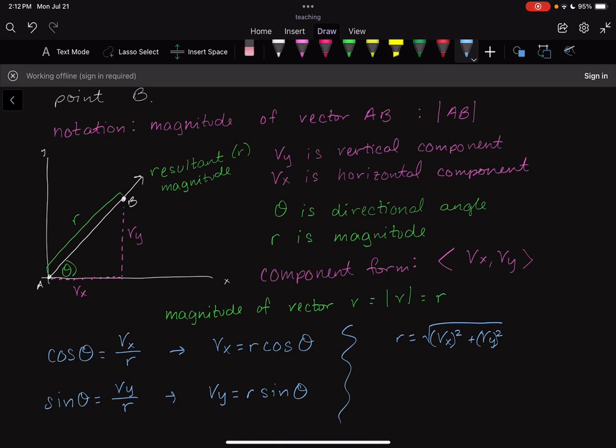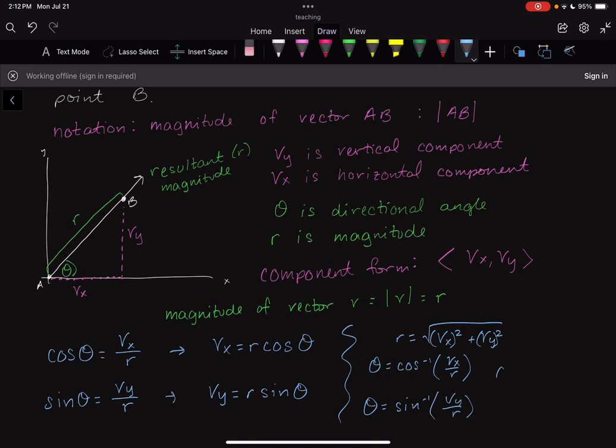Now, if we're looking for theta, we may want to use some different things. So if I use the equations that I have over to the left, I can say that theta is equal to cosine inverse of Vx over r. I can say that theta is equal to sine inverse Vy over r.